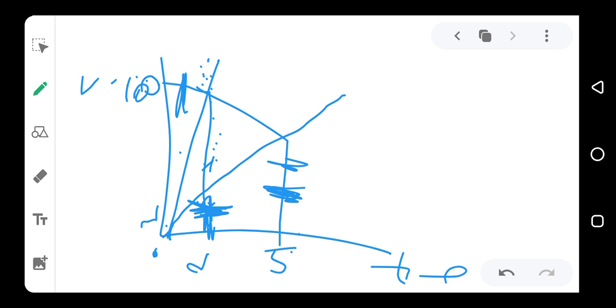It doesn't take it long to get to the speed of 100 meters per second. But this one takes much longer time to get to the same speed. Let's say this one is car A and this one is car B. So A accelerates faster than B.